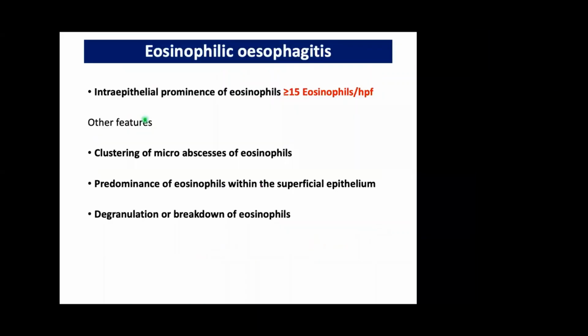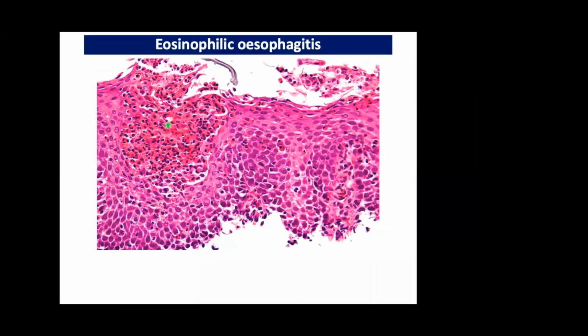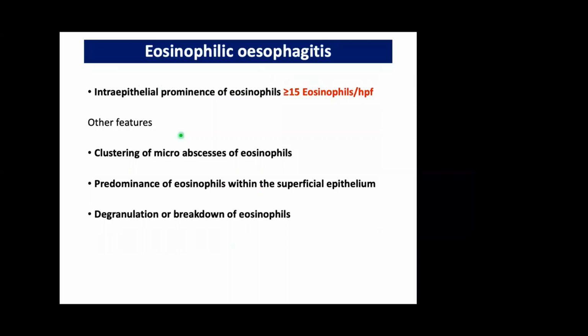So where do you take the biopsy, Dr. Kuruvilla, in the case of eosinophilic esophagitis: upper, middle, or lower? All areas, 6 to 8 biopsies from all areas, sir. This is from the maximum site where you can have the maximum involvement, lower areas, sir.